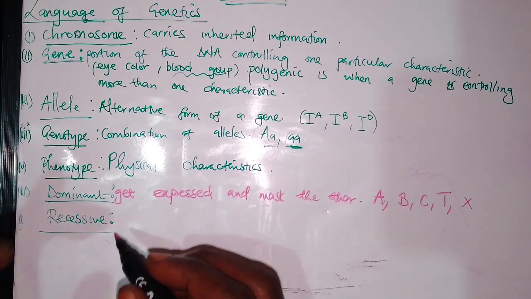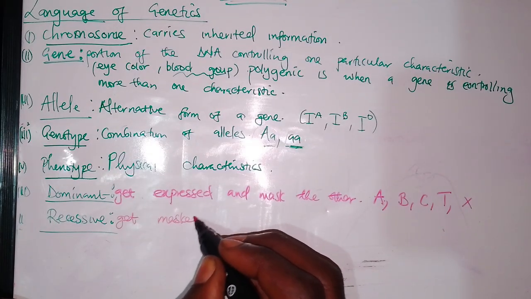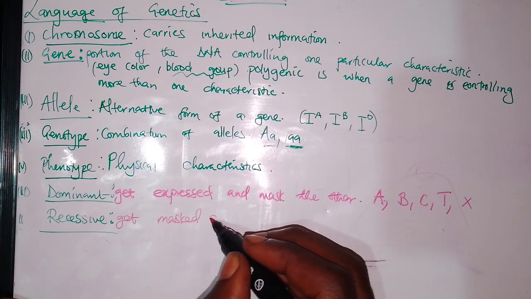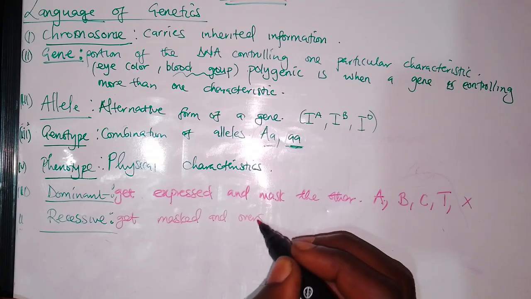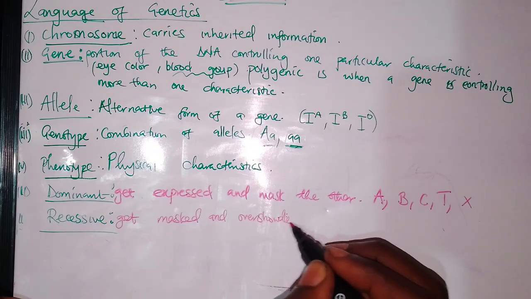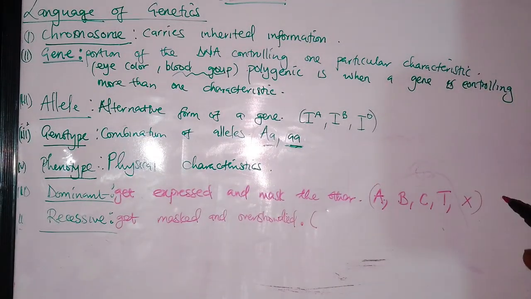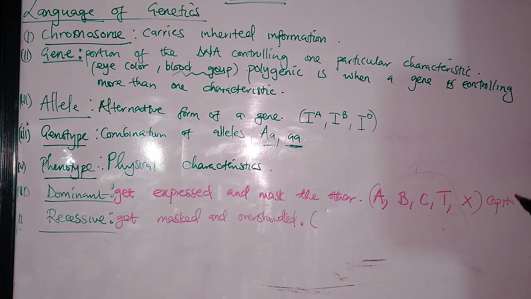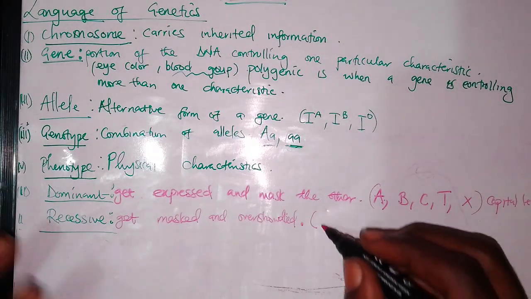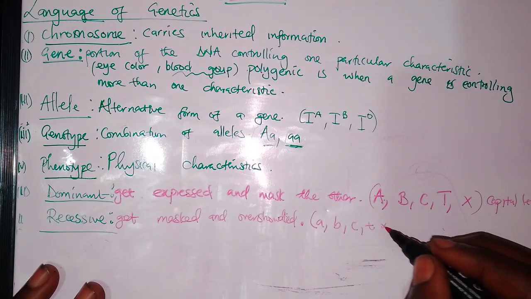This recessive allele gets masked and overshadowed. Then a recessive allele is always expressed in small letters.